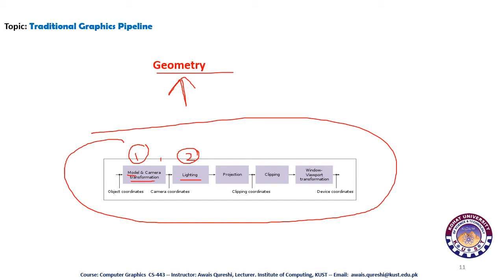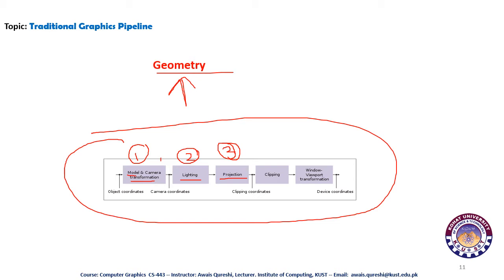And after that the third step is called the projection step. Projection step is because we are moving objects from one location to another, or rotating objects. So this is also a very important step, because we are scaling different objects and we are moving some objects with the help of different angles.